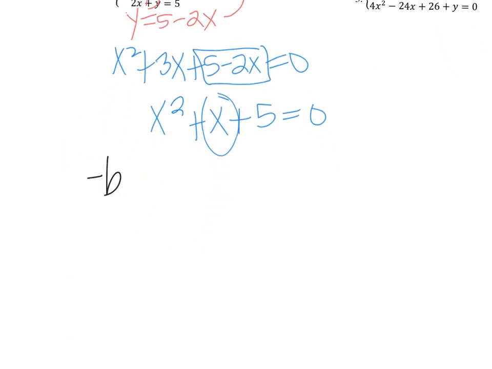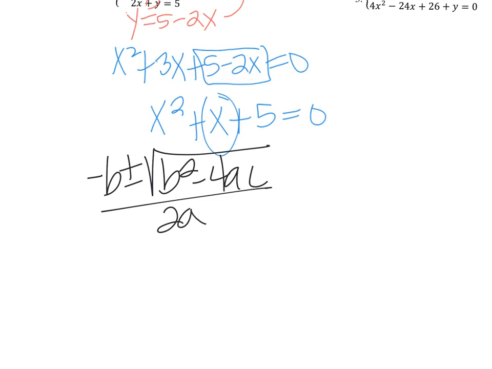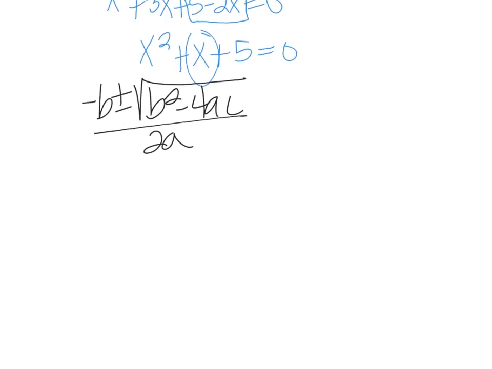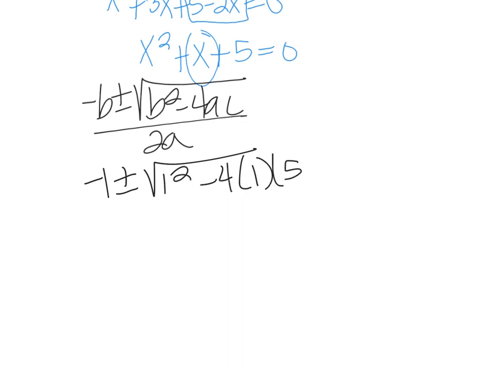which is negative b plus or minus the square root of b squared minus 4ac all over 2a. Okay, so if I start plugging in my a and my b and my c, I have negative 1 plus or minus the square root of 1 squared minus 4 times 1 times 5 all over 2a, all over 2 times 1.